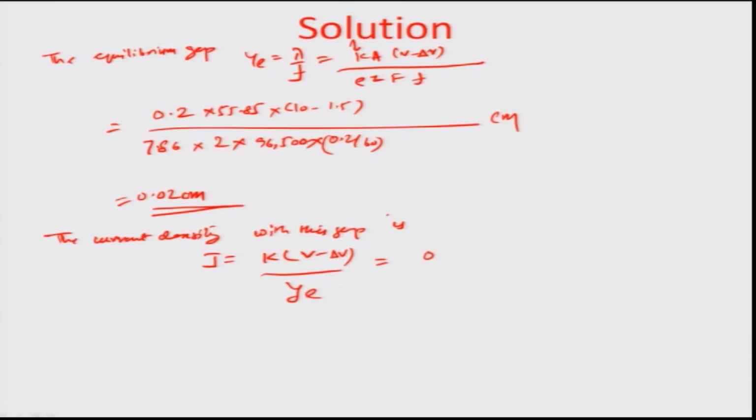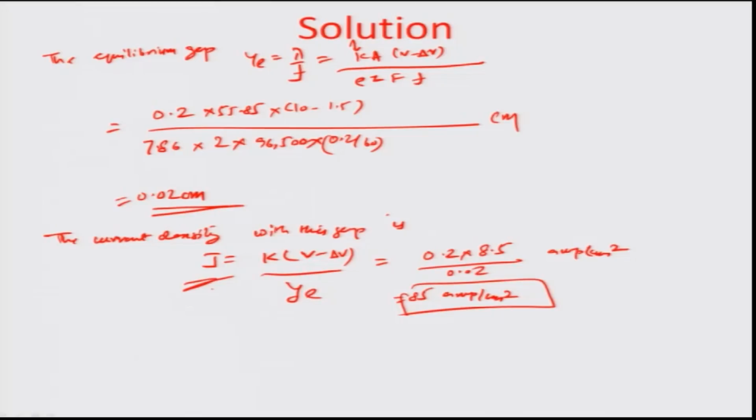So, in this case current density would be the conductivity 0.2 ohm inverse centimeter inverse times V minus delta V, which is 8.5, divided by 0.02 ampere per centimeter square. So, this happens to be equal to about 85 amperes per centimeter square. That is how the current density J is going to be.